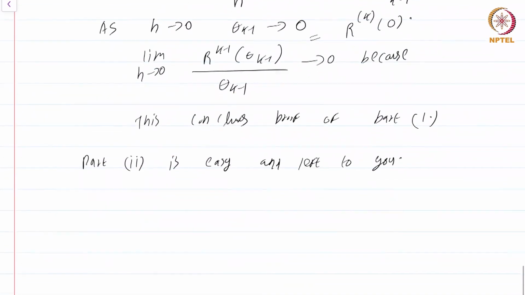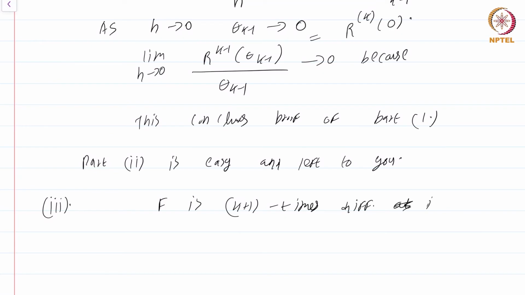Now let's go to part 3. In this part, let me recall, we are assuming that f is k plus 1 times differentiable in (a, b). And we want to get an explicit form for R of h. Explicit form we want.